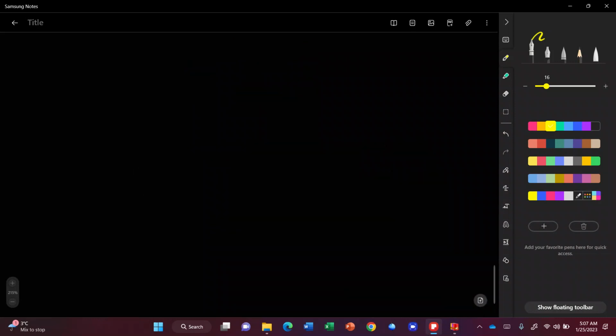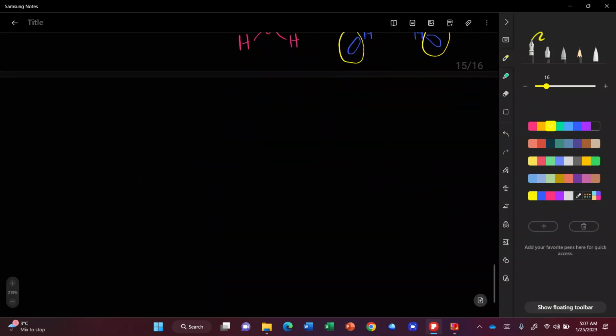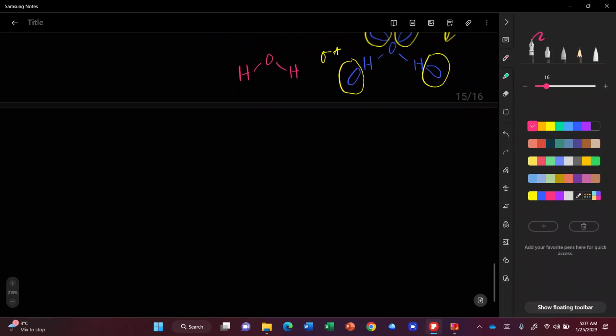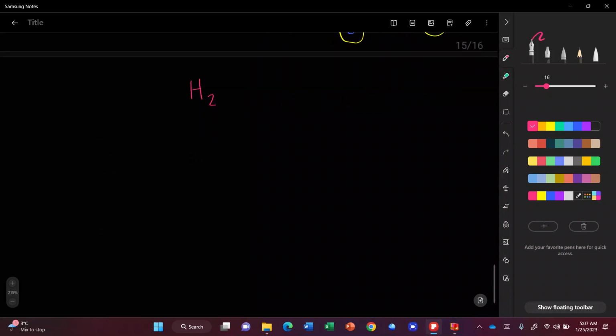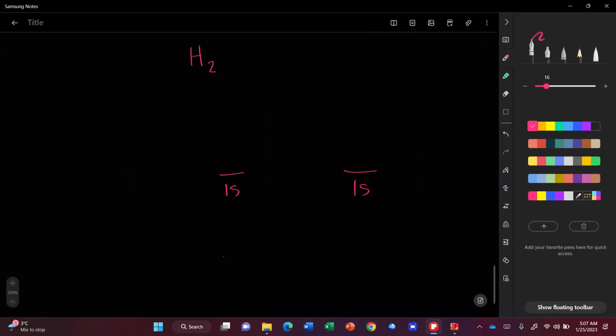So let's think about some of these orbitals. Let's take a molecule like H2. When you have a molecule of H2, you have a 1s orbital, so there's a hydrogen right here and a hydrogen right there.